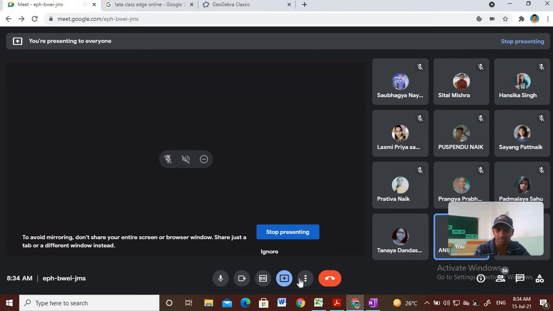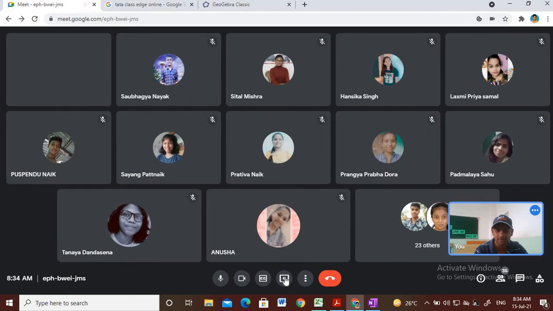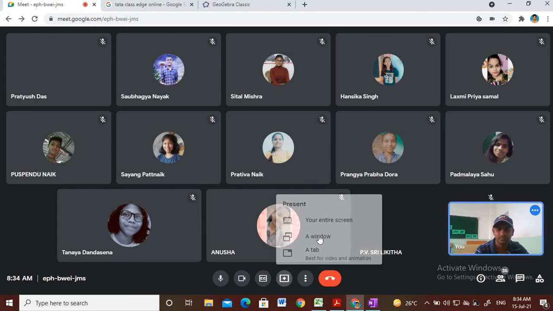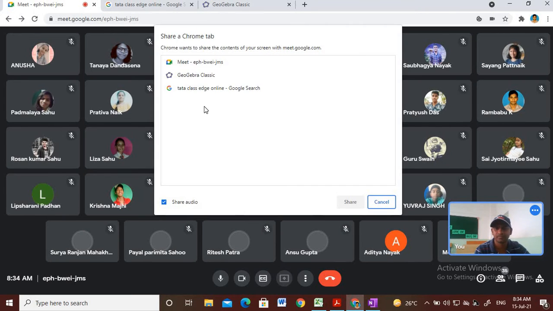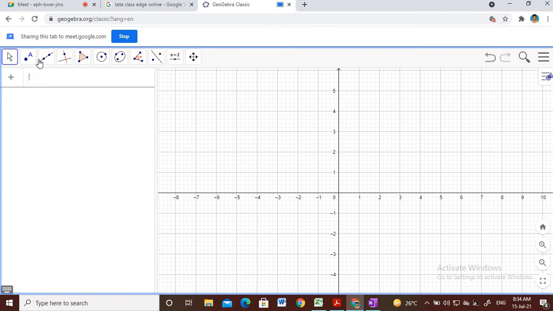Wait, I will open that GeoGebra. Tell me what is the first point? (2, 2). Then (4, 1). Is the point visible to all of you in GeoGebra? Yes.